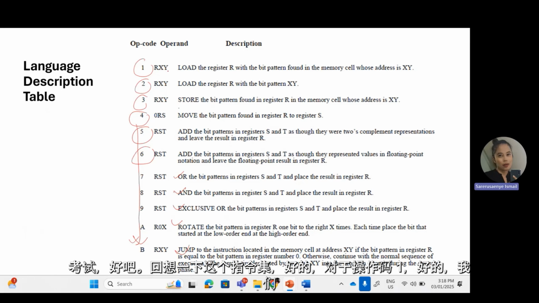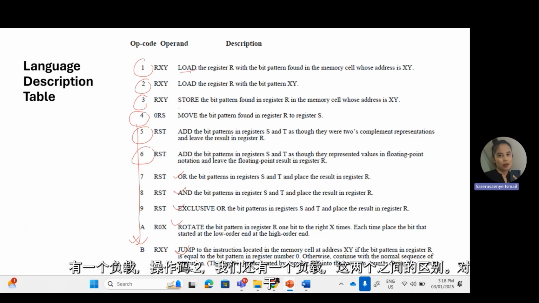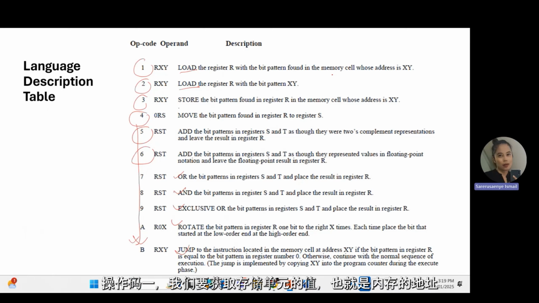All right, so recall this instruction set. For opcode number 1, we have a load. Opcode number 2 also has a load. The difference between the two is that for opcode number 1, we take the memory cell value, which means the address of your memory location.